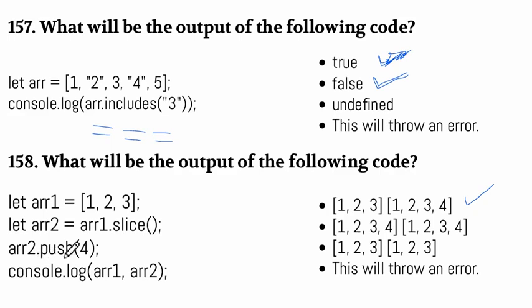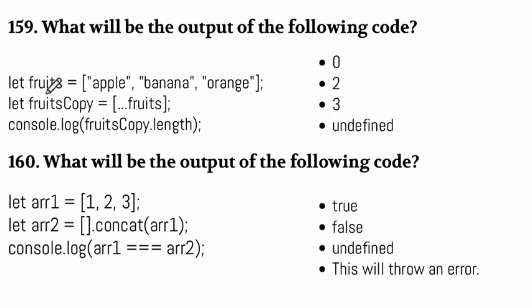And on array2 we are pushing the 4 at the end of the array. So array1 will display as it is, 1, 2, 3, but on array2 we have pushed the 4 at the end of the array. So array2 contains 1, 2, 3 and 4. So the first option is the correct answer.